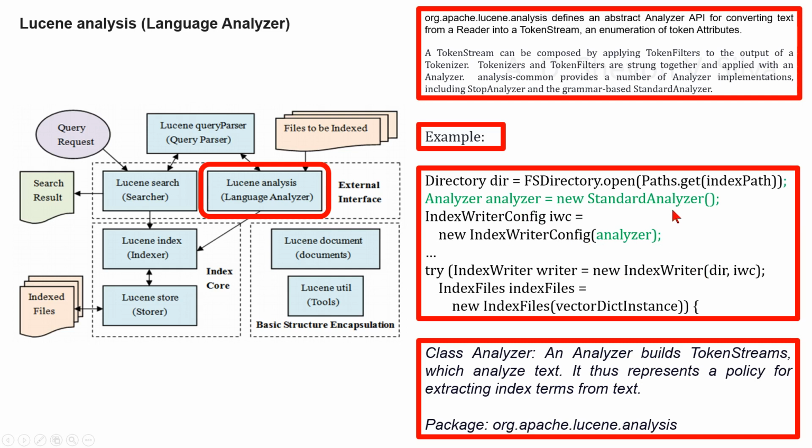Here the standard analyzer filters the standard tokenizer with the standard filter, lowercase filter and stop filter using a list of English stop words. This class Analyzer is in the package org.apache.lucene.analysis.